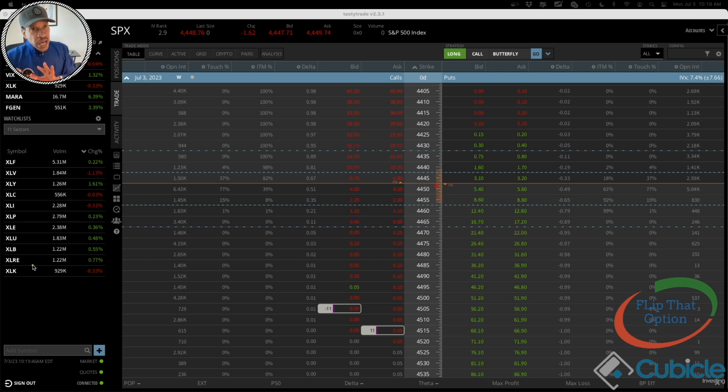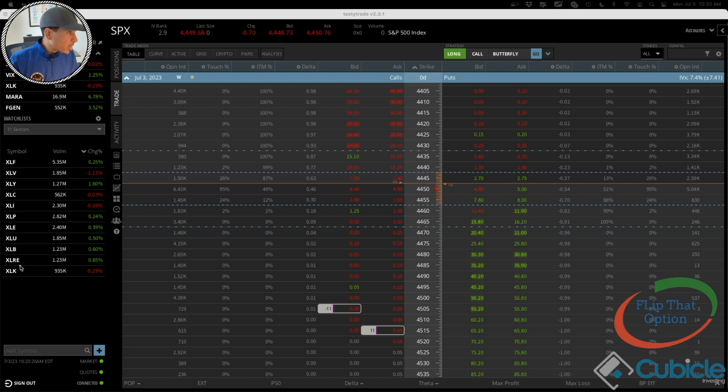Apple has a weight of a little over 7%, and Microsoft has a weight of roughly 6-point-something%. So those two companies by themselves have a combined roughly 14% influence on how the SPX moves. And those two stocks are contained in the tech sector, XLK, so they can actually move the market pretty significantly, right?